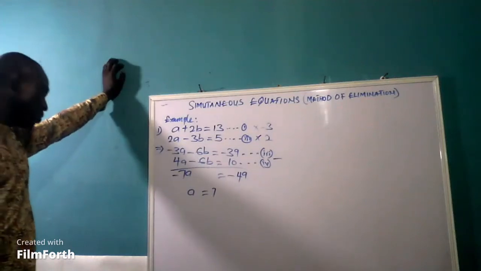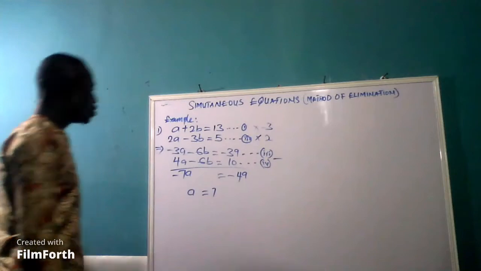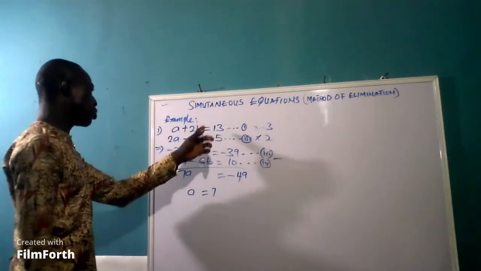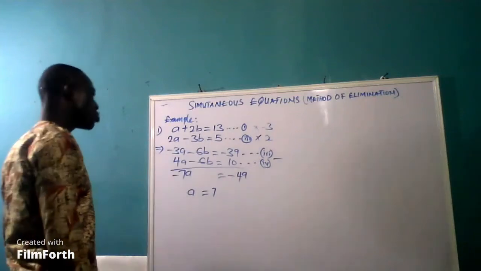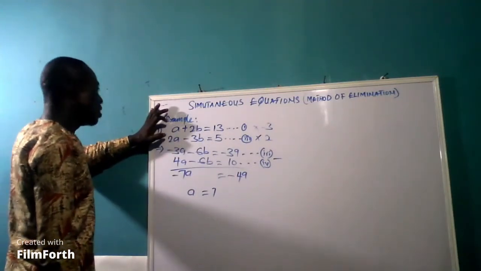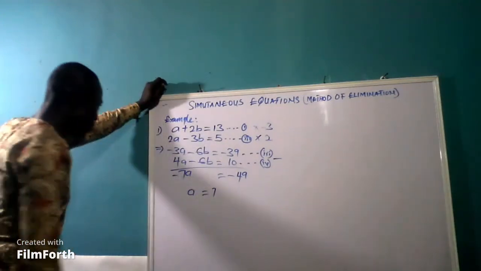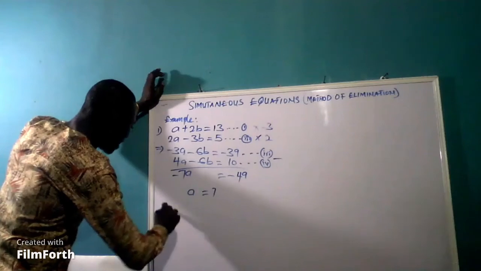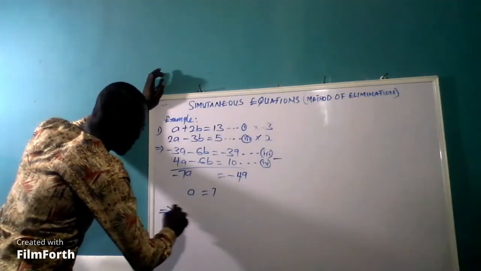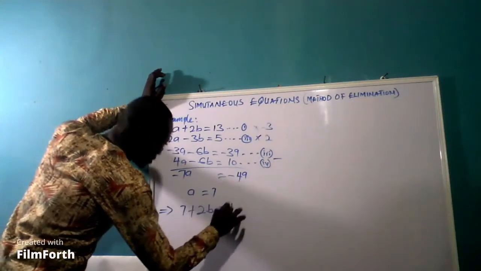If you agree with me that a is equal to 7, then substitute back the value of a into equation 1 or equation 2. Just use any of the original equations and substitute the value of a into it. So I choose equation 1. It implies that 7 plus 2b is equal to 13.